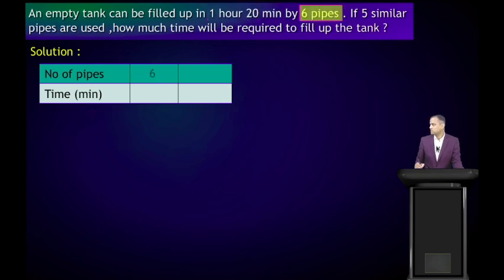Now the number of pipes is 6, and what is the time? It is 1 hour 20 minutes. So first, we have to change this time into minutes.